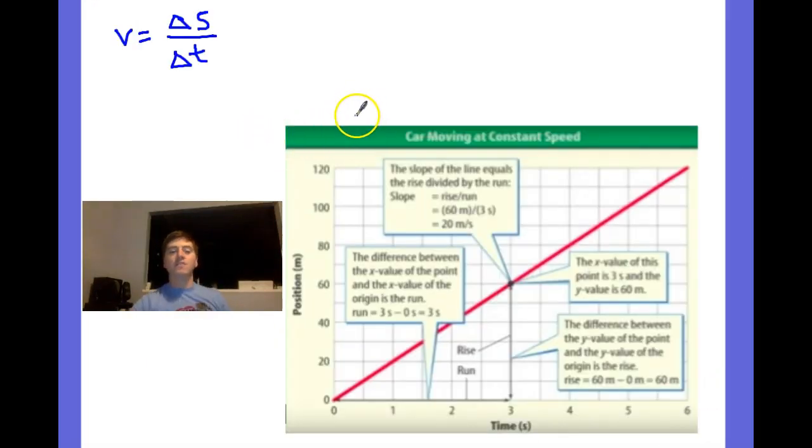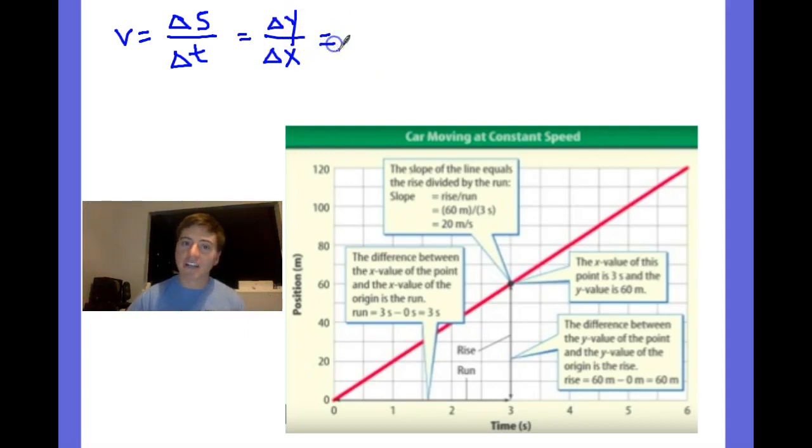So hopefully this looks familiar to you from math class, because when I say velocity is change in displacement over change in time, displacement is on the y-axis, so that's change in your y variable, over time, which is your x-axis, so that's change in my x variable. So this is change in y over change in x, which is just finding the slope.